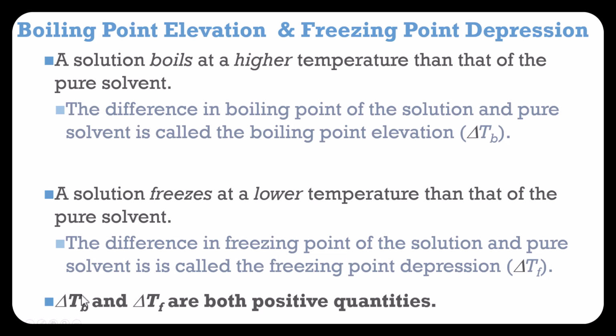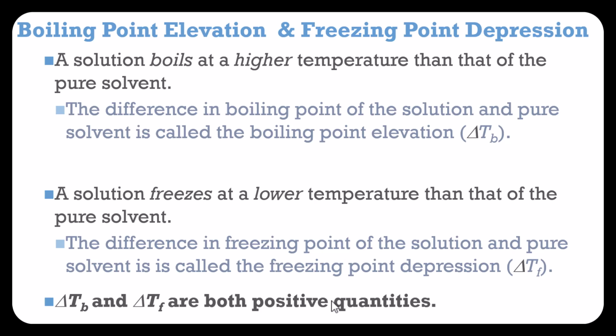Whatever this value is, we would add it because it raises the temperature. Or are we subtracting that change in temperature? If the change in temperature for freezing is a positive number, we know that's going to be subtracted from the original freezing point because the freezing point temperature is lowered. So both of these are going to be positive quantities. It's up to us to decide, do I add it, do I subtract it?